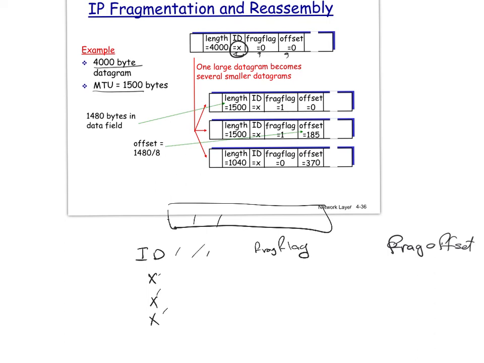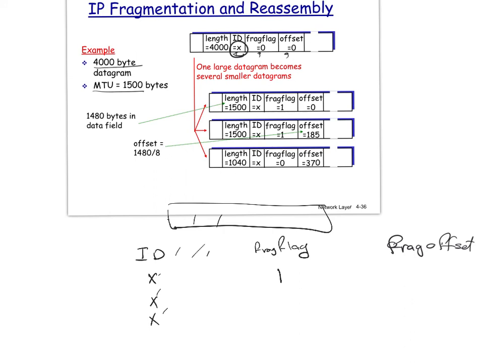But they may arrive out of order. So it's like a box, and I need to fit these packets. Where do I fit them? Because they may arrive out of order, I need to know which one is first, which one is next, and which one is third. I need to have an indication about this. So there's something missing. The fragment flag is easy. The fragment flag says that this one is not the final fragment.